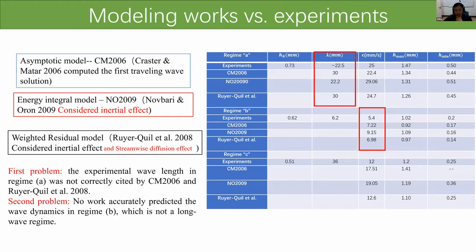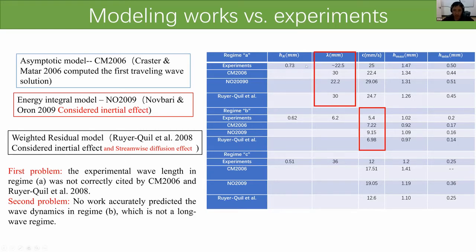For example, in the flow region A, their predicted wave speed seems to be in excellent agreement with the experimental data. However, we find that the wavelength in the experimental study is not the same as what is used in Craster and Matar 2006.